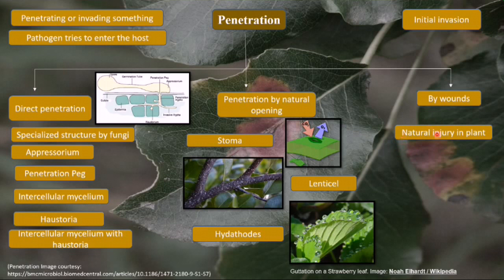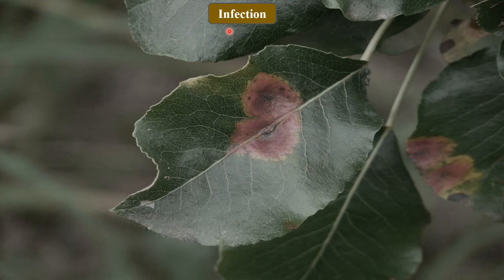All these lead to some kind of injury, and through this natural opening formed because of injury, the host can get infected, and this can lead to the penetration of the pathogen into the host. So this is the second stage, which is penetration.